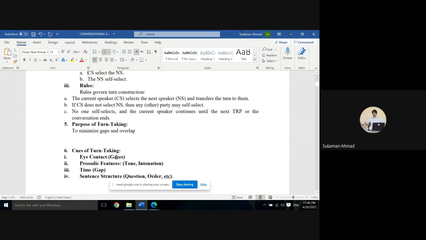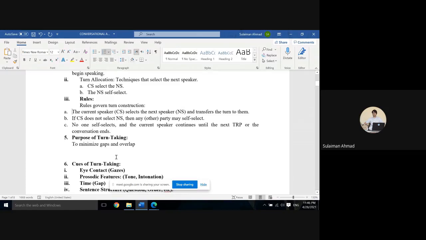So concluding these 3 rules, rule number 1, the current speaker selects the next speaker. Number 2, if the current speaker does not select the next speaker, the next speaker may self-select himself or herself, because sometimes there are very long-winded speakers who keep on speaking for a very long time, right? They do not take a pause.